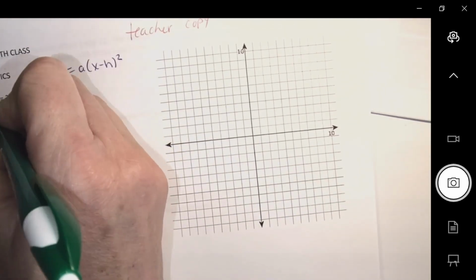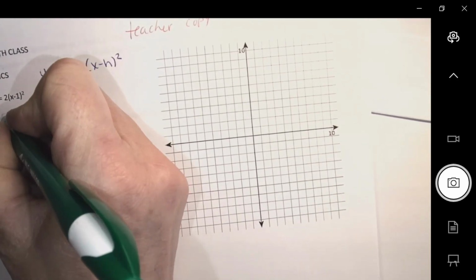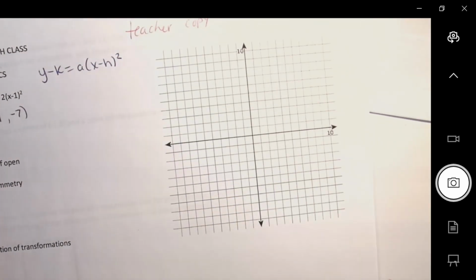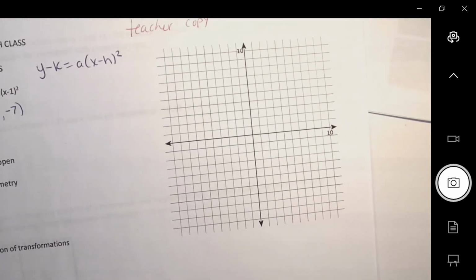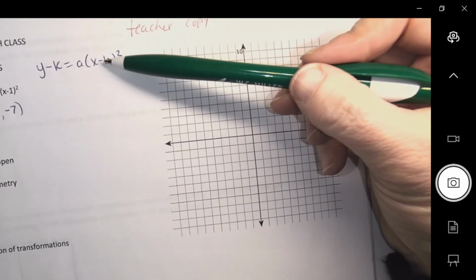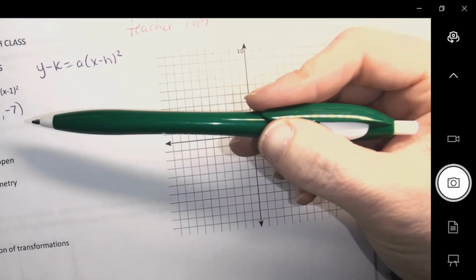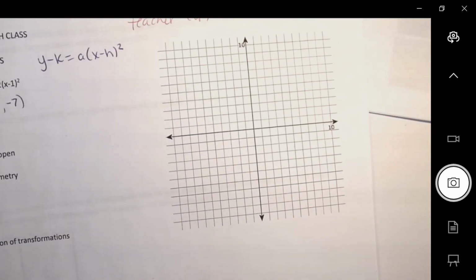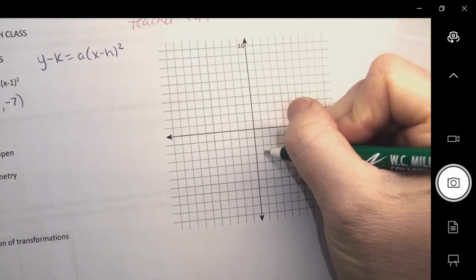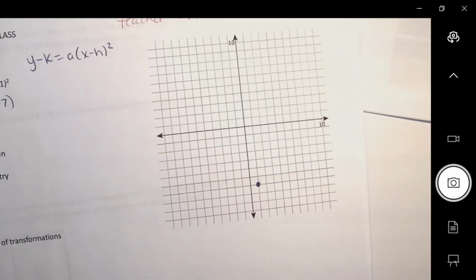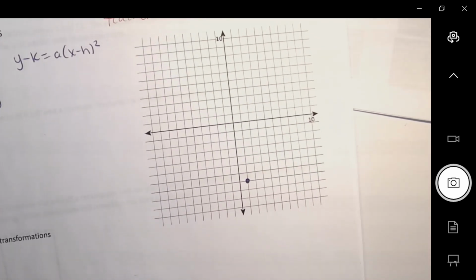So it's going to be what, comma, what? Positive 1 and a negative 7. Remember, opposite, because in the formula it says negative, and negatives mean opposite of what we're looking at. So positive 1, negative 7. There's the vertex of my parabola.